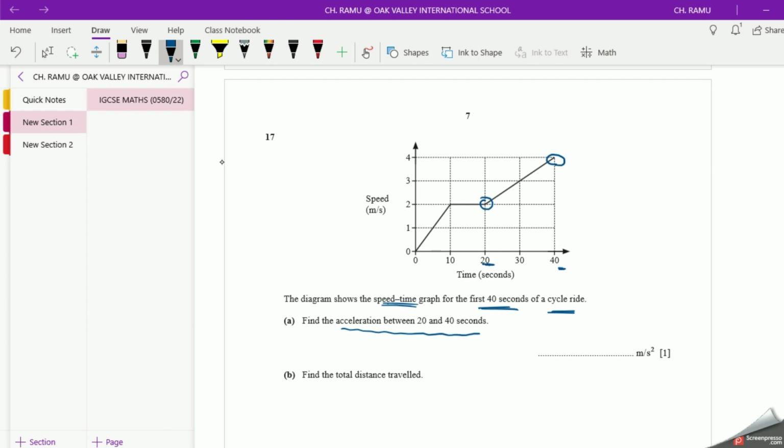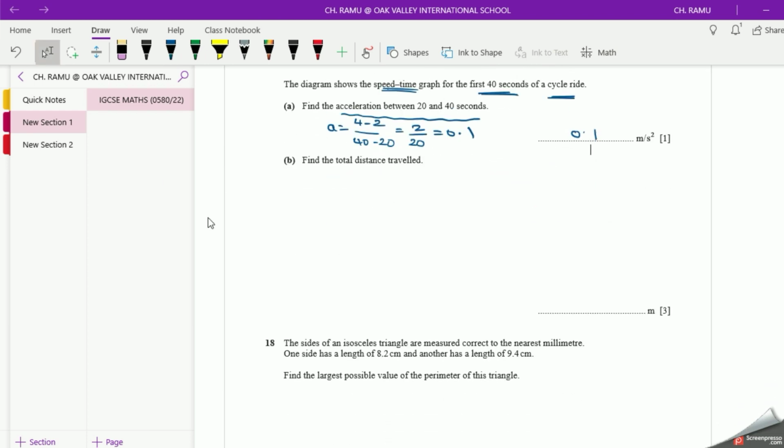So acceleration is equal to 4 minus 2 by 40 minus 20, that is equal to 2 by 20, that is equal to 0.1 meters per second square.